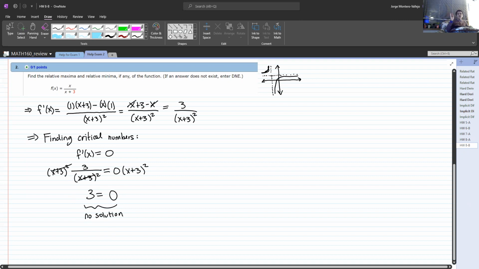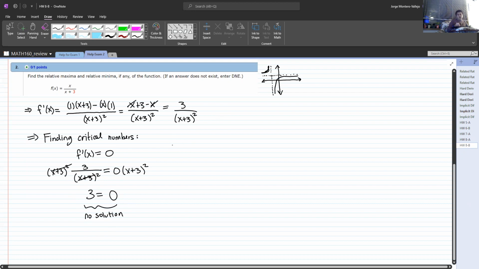Okay, so that is one type of critical number, a root of the derivative. Now the second kind comes from an x value that makes the derivative not exist.